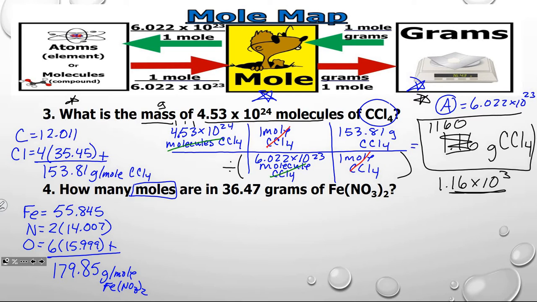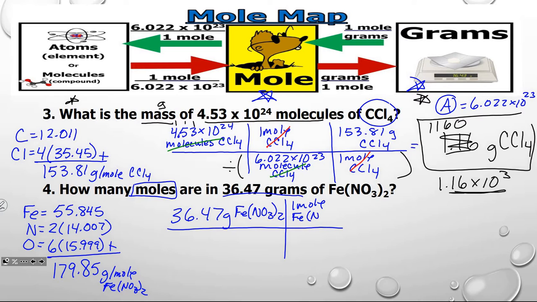Again, start with what you're given. So I'm starting with 36.47 grams of FeNO3, 2. This time I'm only going to have one conversion because I'm only going from grams to moles. I'm stopping there. So on the top I'm going to put 1 mole of FeNO3, 2, and on the bottom, 179.85 grams of FeNO3, 2.